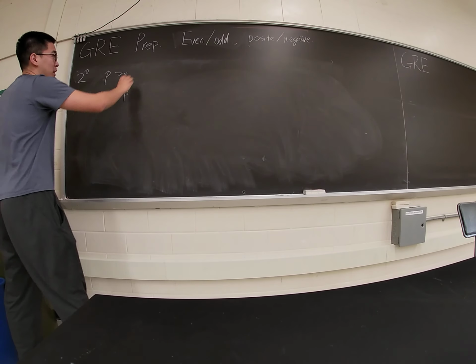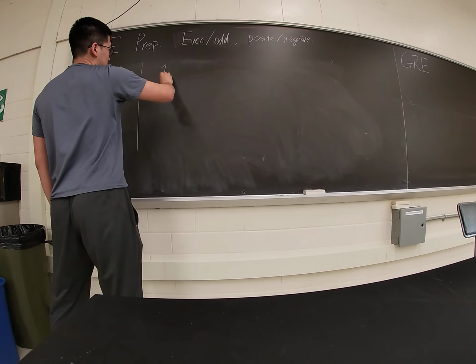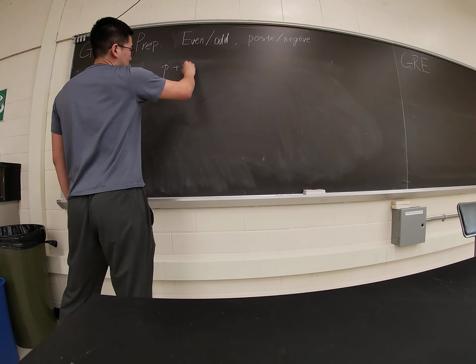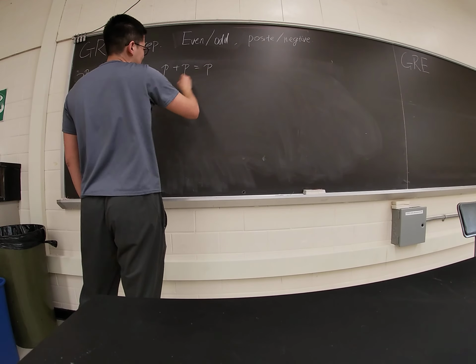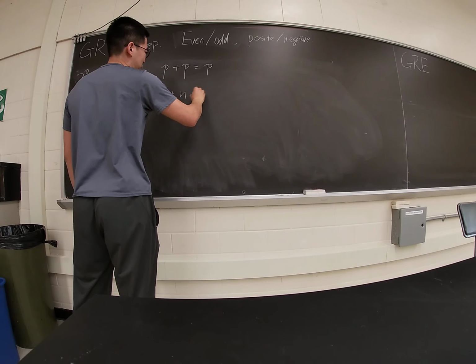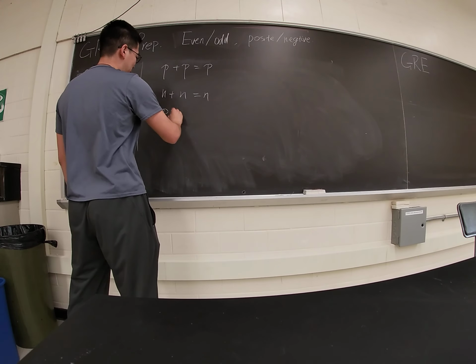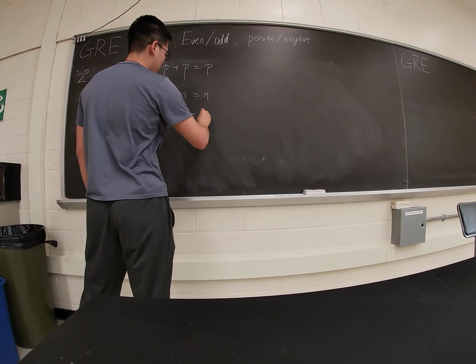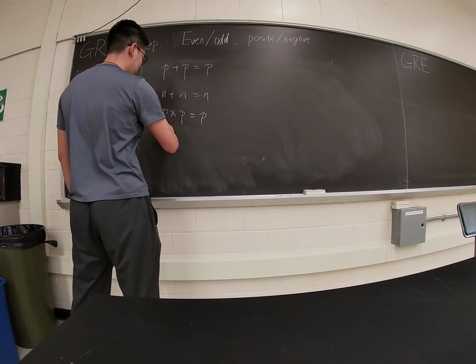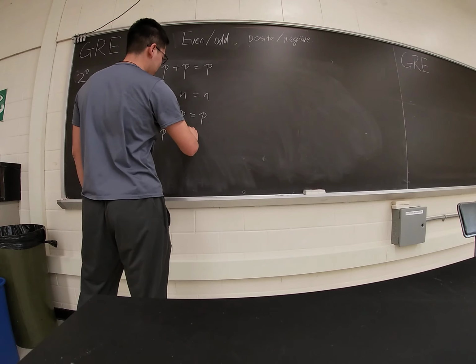Something that is good to know is positive plus positive is positive, negative plus negative is negative. Positive multiplied by positive is positive, positive multiplied by negative is negative.